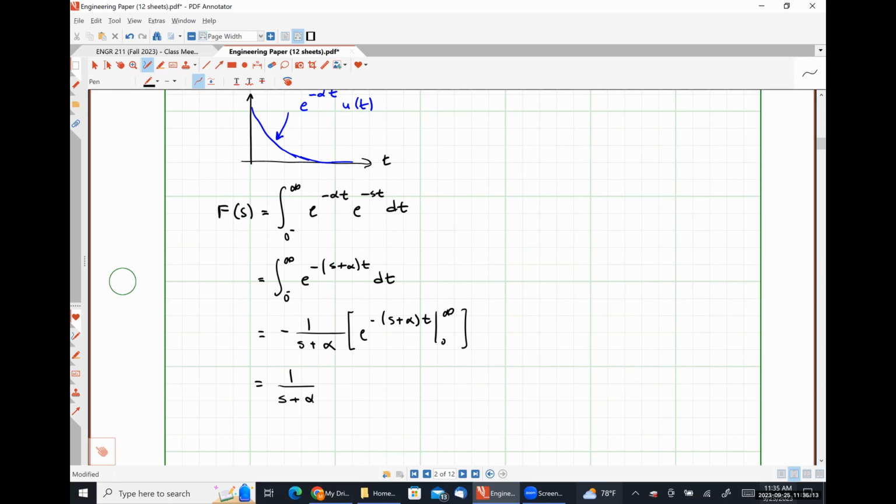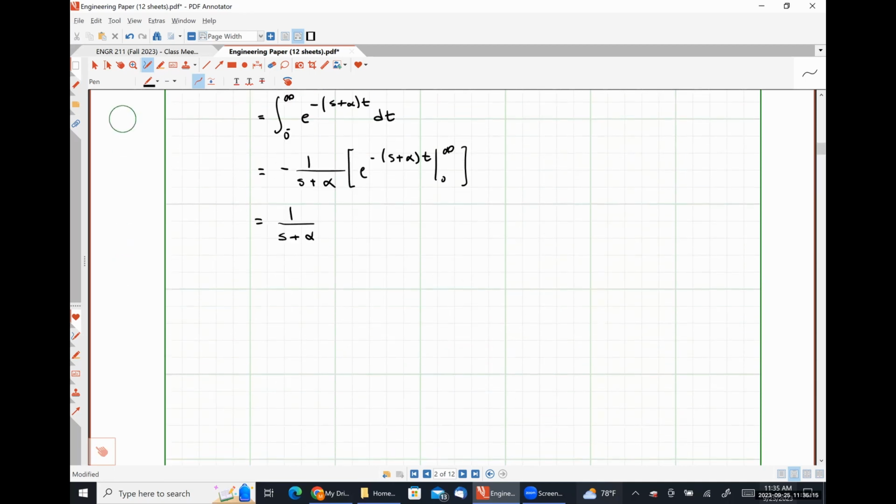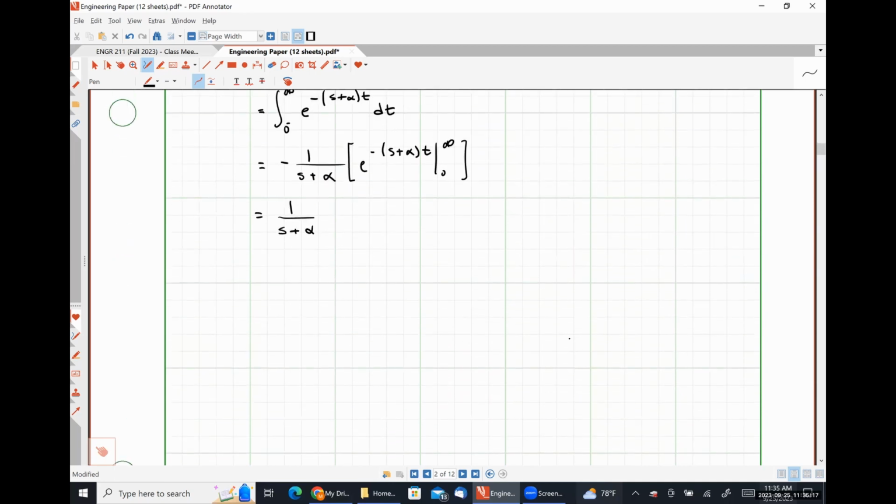What if we have f of t equal to cosine omega t u of t? There are several different ways that we can do this.